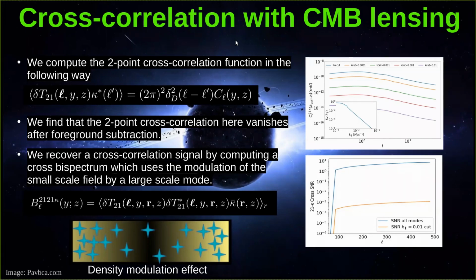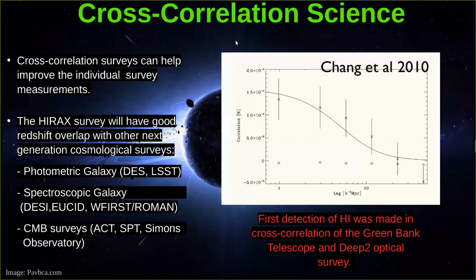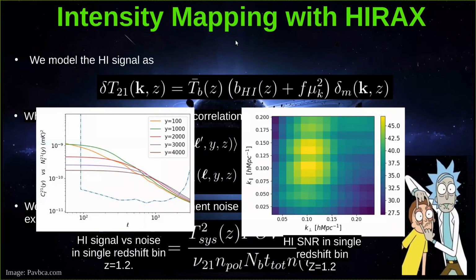Yeah. And I also wanted to ask about the bias. I usually hear people talking about the bias in the modeling of the H1 signal. What is this bias and what really determines its value? Yeah, that's a good question. So we don't necessarily think that the H1 follows the matter density or the dark matter perfectly.